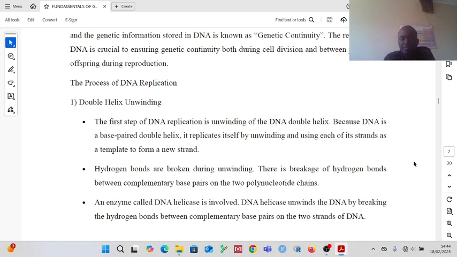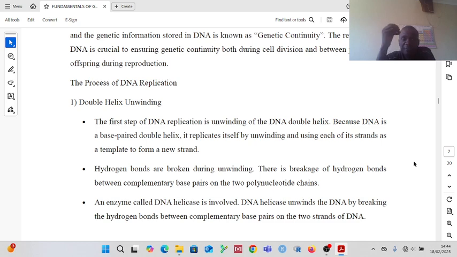And we said that this process of DNA replication is enzyme-led, is catalyzed by enzymes. So an enzyme that helps us to unwind, that helps us to break the hydrogen bonds between these complementary strands of the DNA, that enzyme is called DNA helicase.